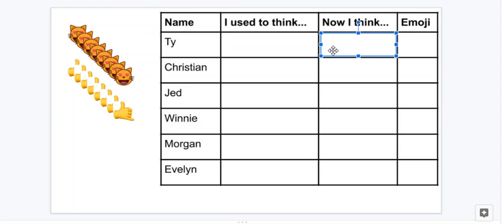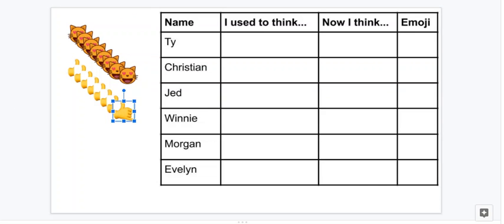Now I think, you're going to fill in what you think now. Okay, then you're going to pick an emoji, so you can either do this heart eyes emoji. This means you really love what someone else said. Or you can do this connection sign if you find someone that wrote something similar to what you said.